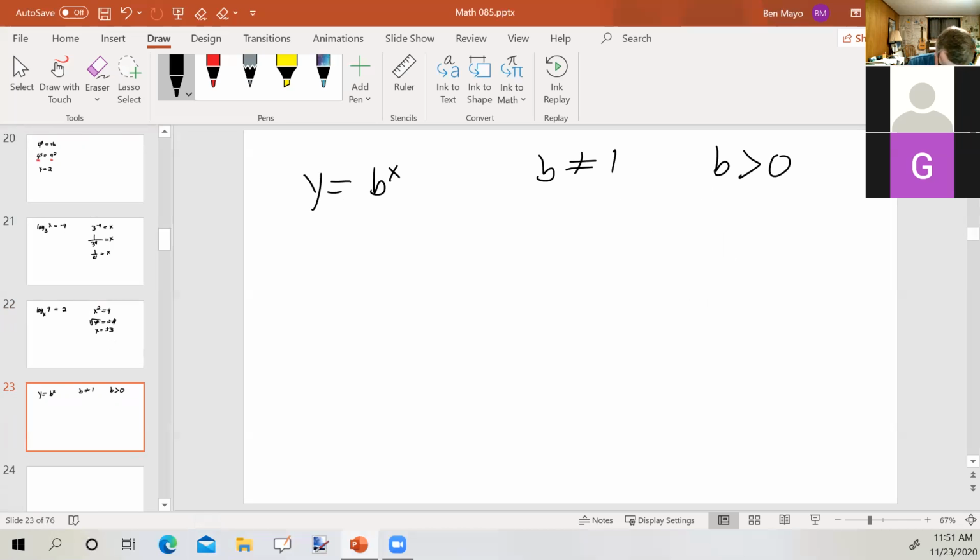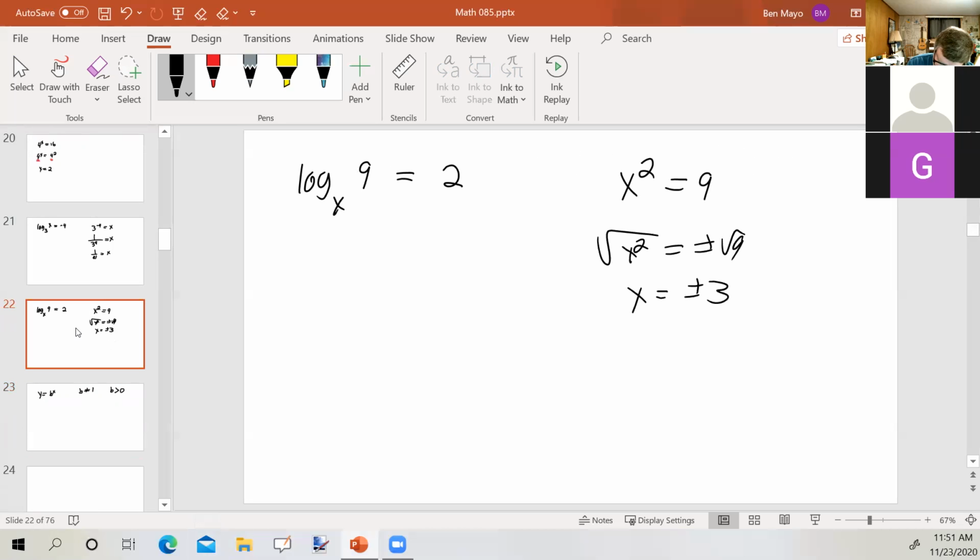Okay, now let's go back here. If I've got y equals b to the x, and I rewrite that in logarithmic form, that would be log base b of y equals x, right?